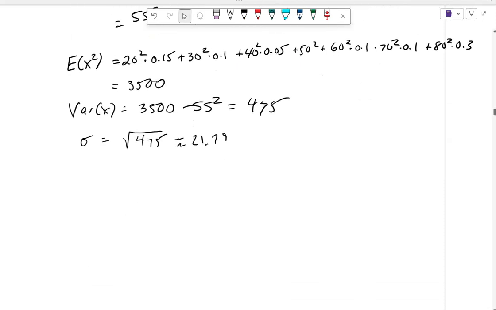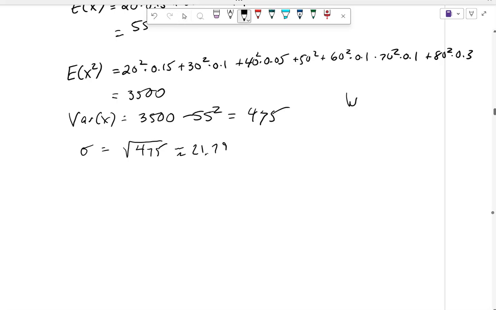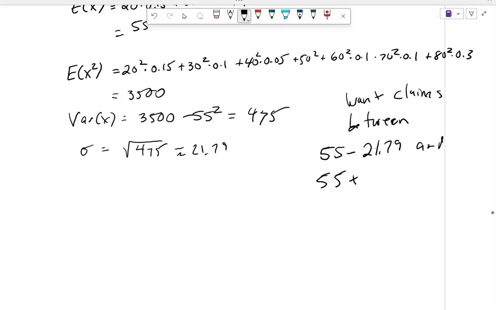Okay. So again, we want claims between 55 minus 21.79 and 55 plus 21.79. So 33 and 77, but I can't go to 30, that's too far. So it has to be 40, 50, 60, 70, and then above that's too big.